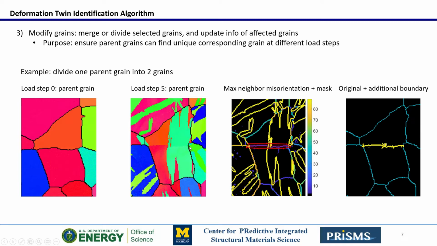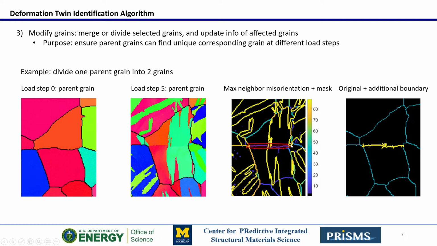If there are no usable child grain boundaries, we plot a map that shows the maximum misorientation of each pixel with respect to its 4 neighboring pixels.